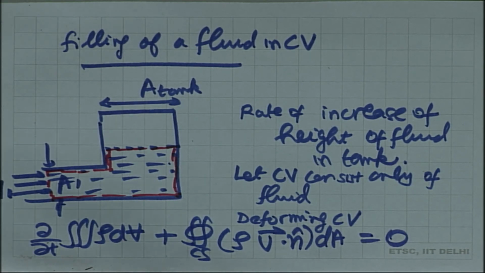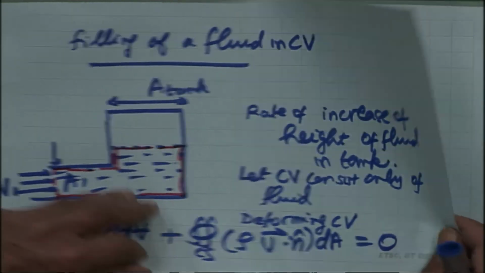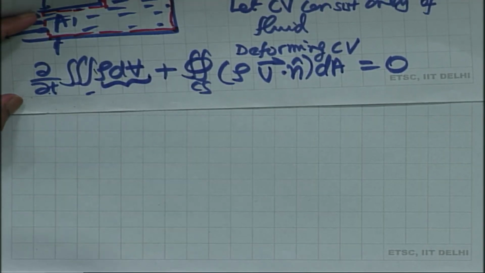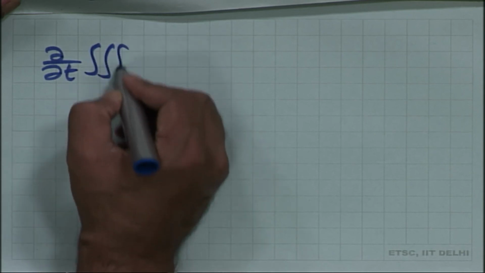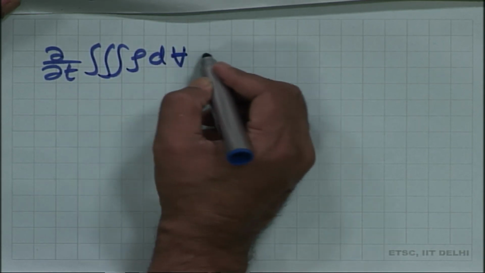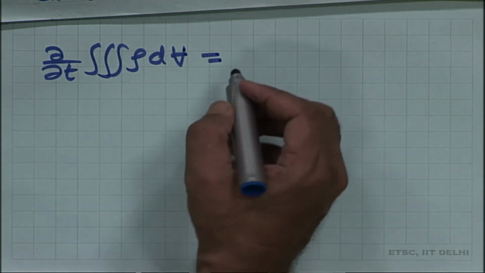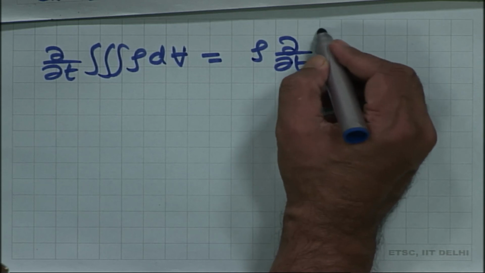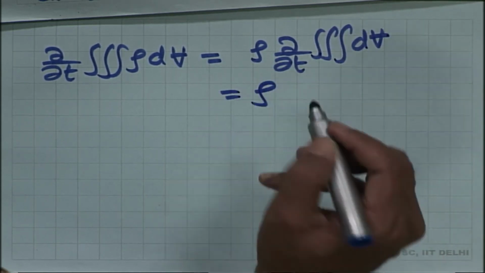Then what I will get is this, the first term, given this control volume, will not be 0. This is d by dt of rho dV. Now if density is constant I can pull it out. So, this will become equal to rho times partial by partial t of the volume integral dV.